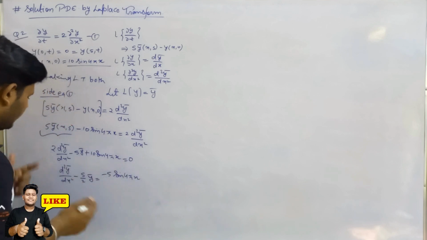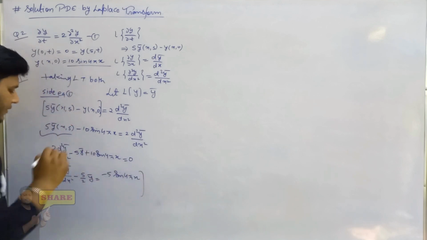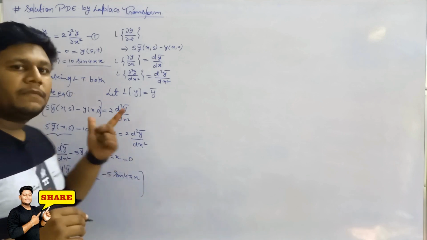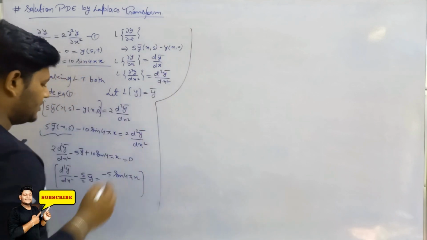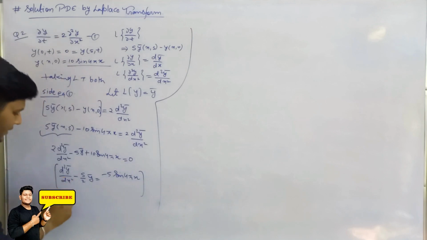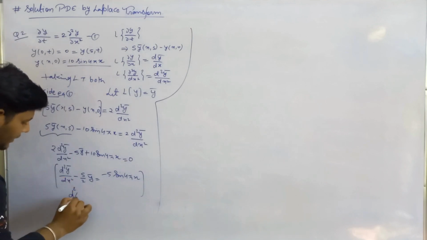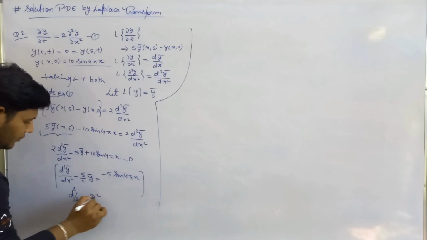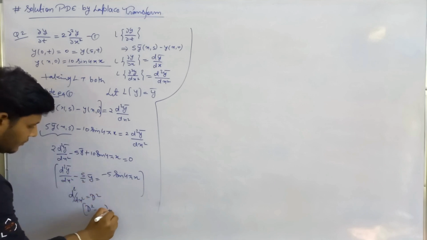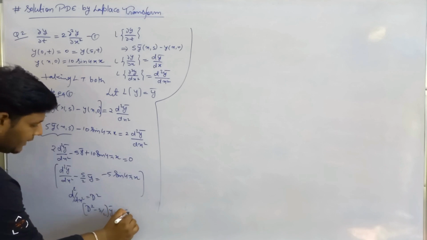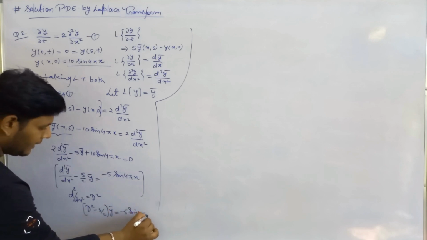Now it is a second order linear differential equation with constant coefficients. So how can we find the solution for this differential equation? If I consider d2 by dx square as D square, I can write it as D square minus s by 2 y bar equals 5 sine 4 pi x.